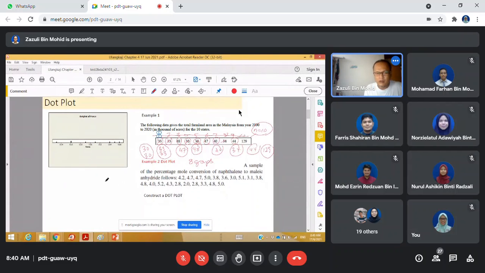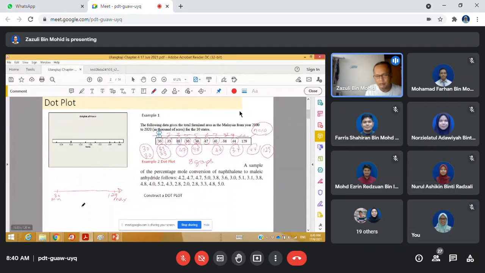So the axis for the dot plot will be only one axis. Okay, the minimum, and then we have the max. From this data, you have 129 as the maximum, and the minimum you have 30.